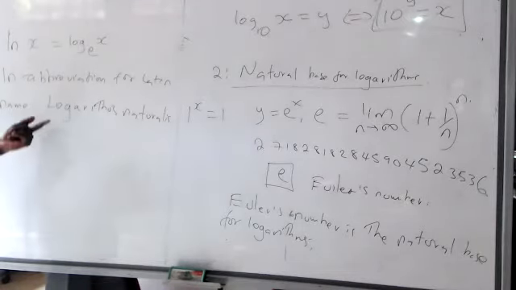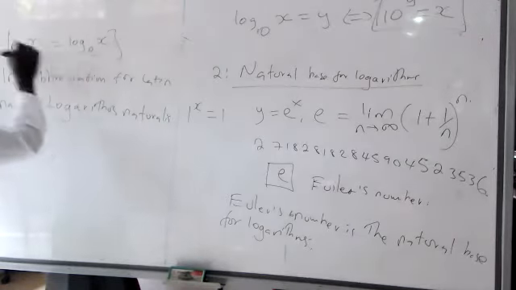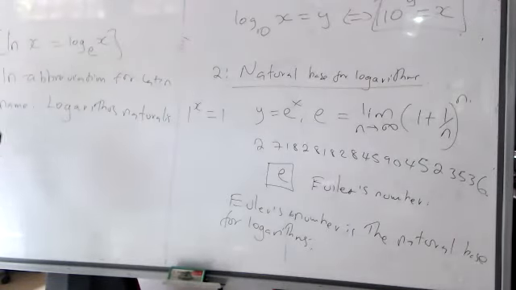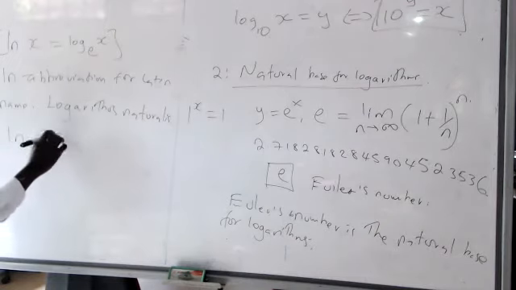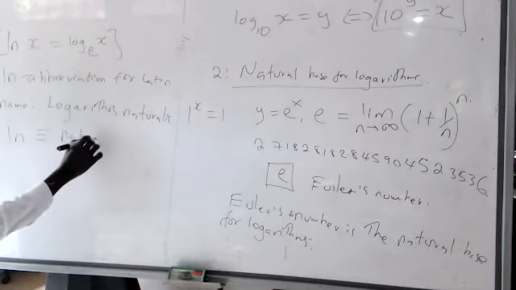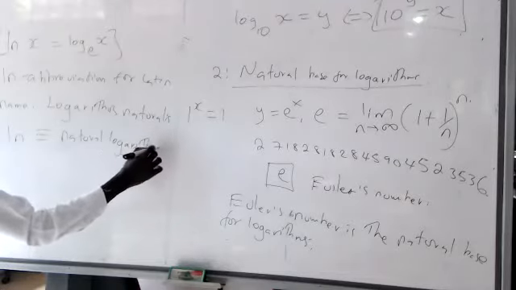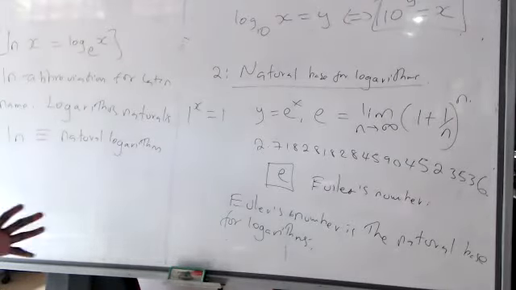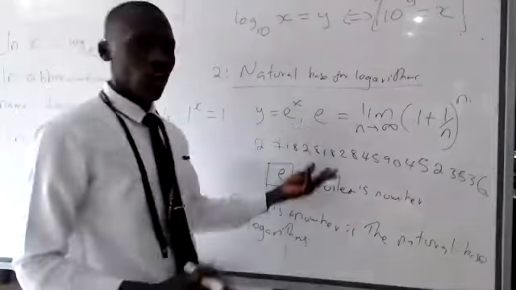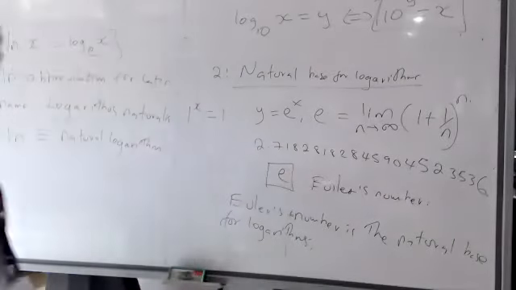So you take the first two initials, ln. This is normally referred to as the natural logarithm. So when you hear of natural logarithm, it's simply the logarithm of a number to the base e, where e is Euler's number.